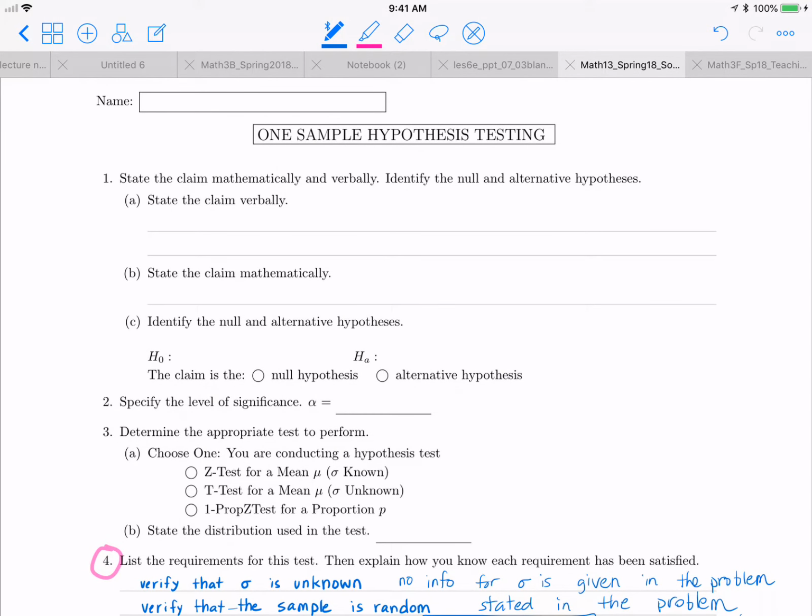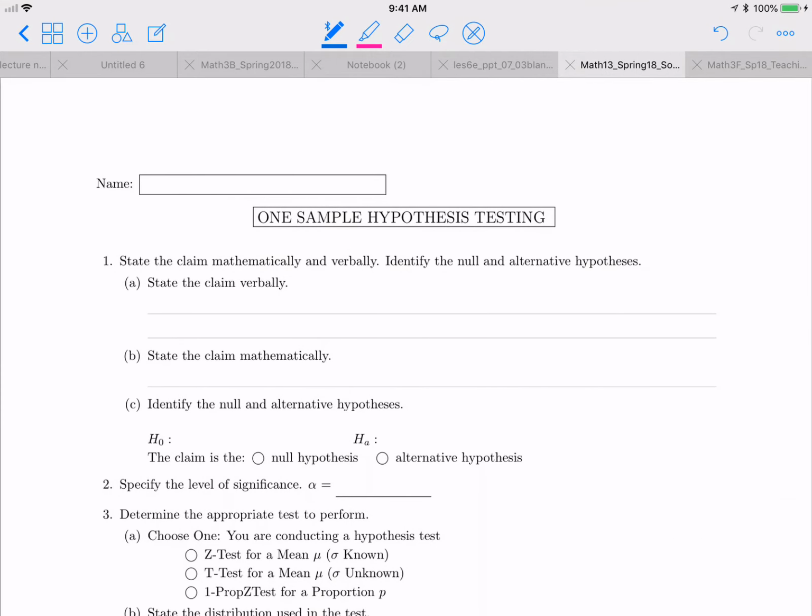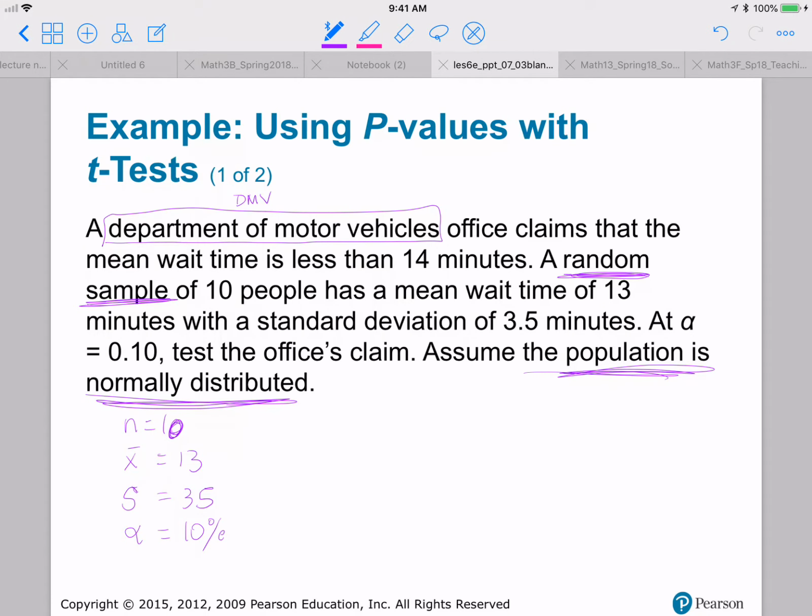Now let us state the claim mathematically and verbally, identify the null and alternative hypotheses. Okay, so let's see here. It looks like our null hypothesis is, well, we can't do the null hypothesis just like that. We need to write the claim. So what is our claim?